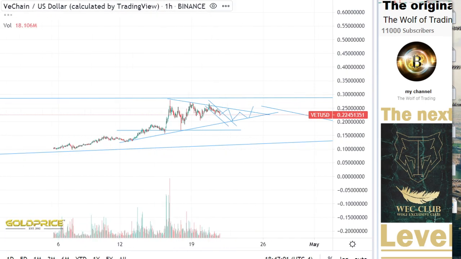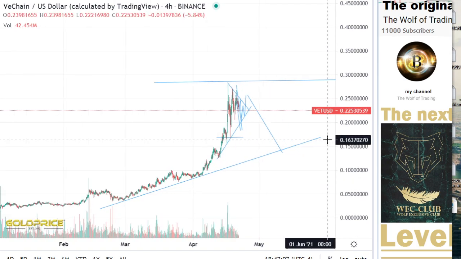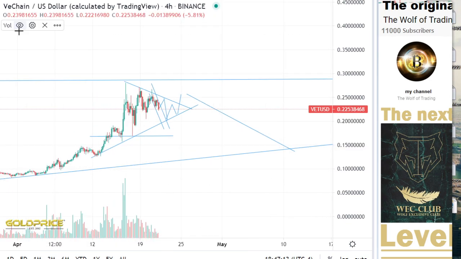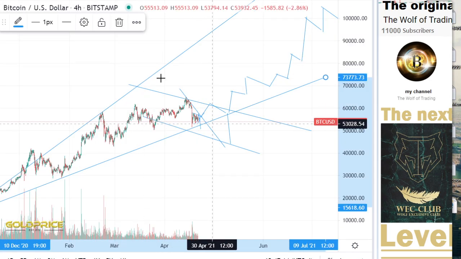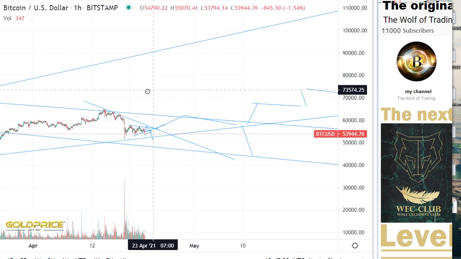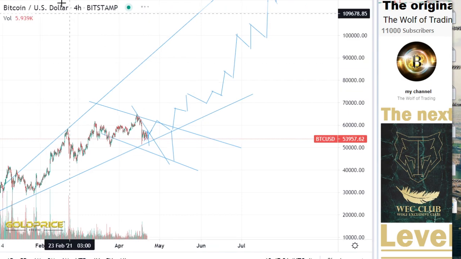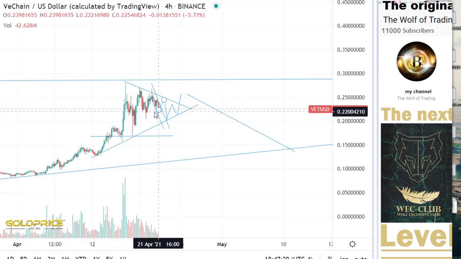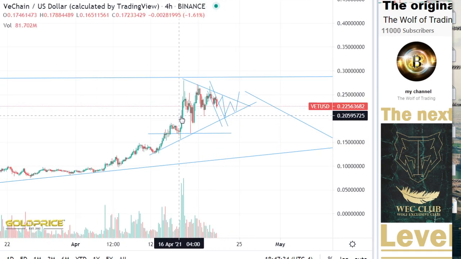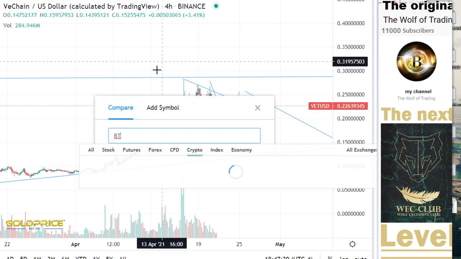Let's look. So let's look at Bitcoin back. The price is falling. And if we say, okay, we want in this case to go to the top side, then we can imagine what happens here. I compare this with Bitcoin.